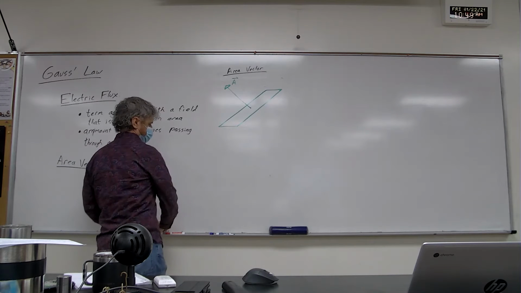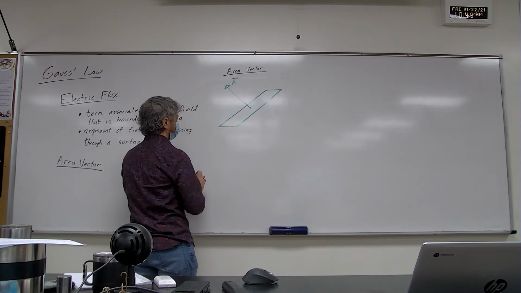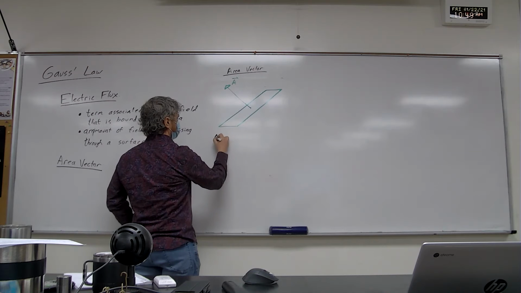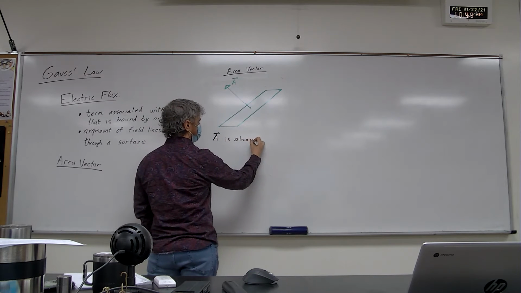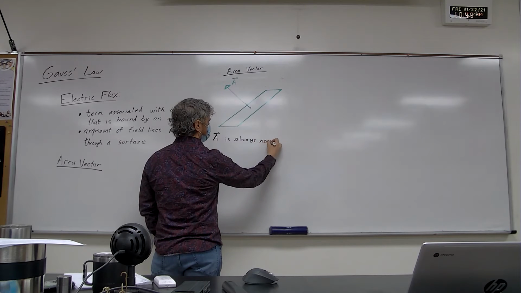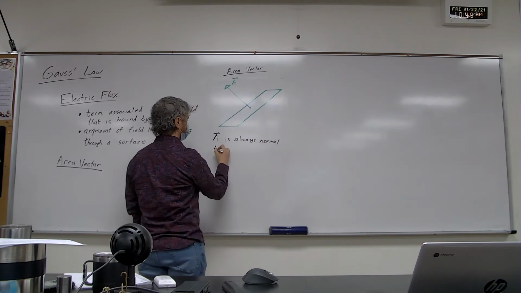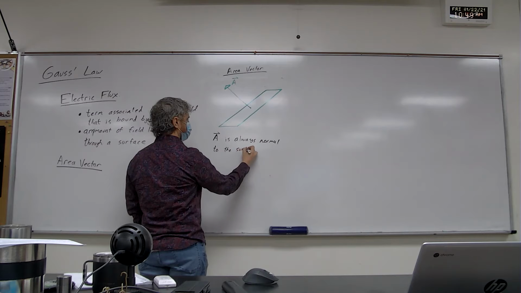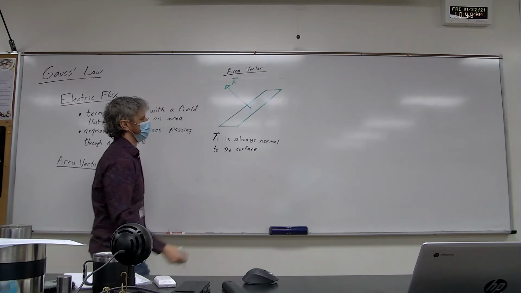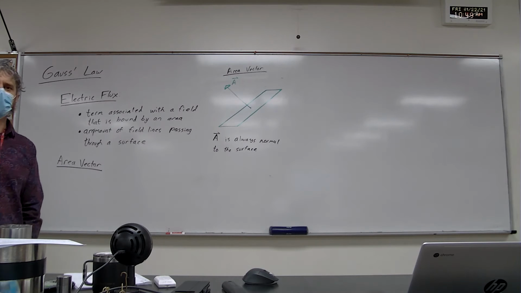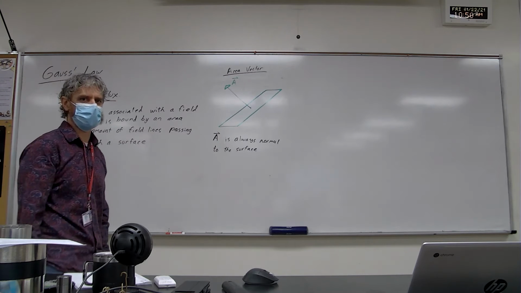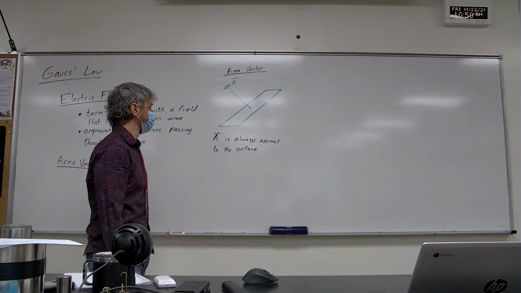So A, in this case, our area vector, is always normal to the surface. And yes, we've done normal forces for years now, but normal is a mathematical construct as well. A normal is just a ray that's drawn from a surface that is perpendicular to the surface at all points.